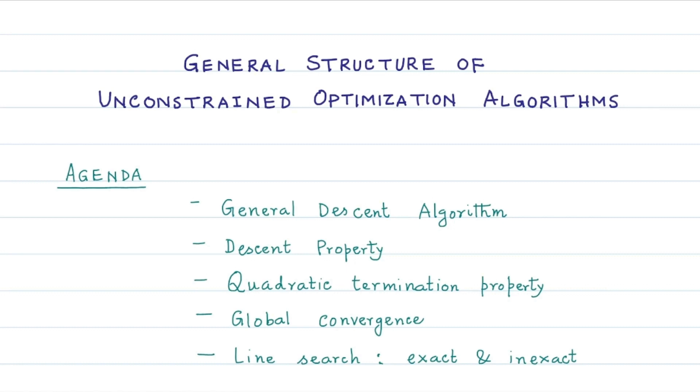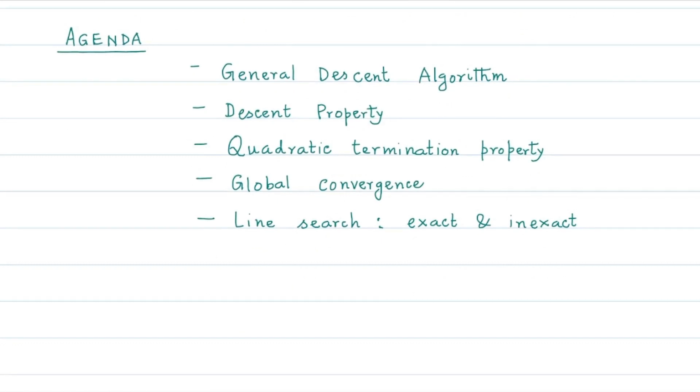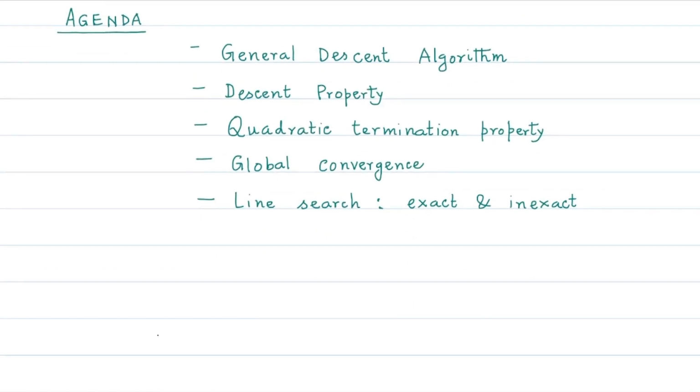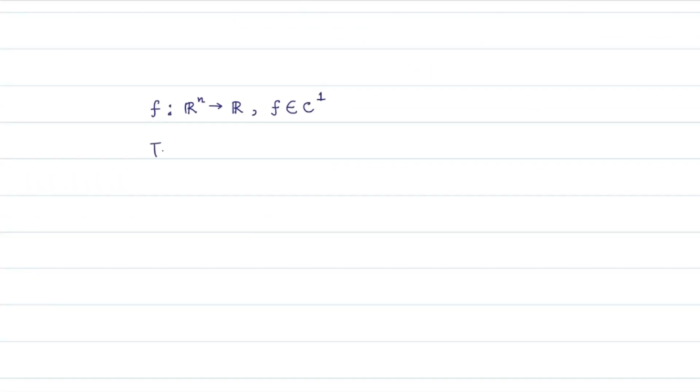optimization algorithm. A general optimization algorithm to optimize a function f of n variables, which is known to have continuous partial derivatives of first order, commonly proceeds as follows. To find a local minimum of the function f, we start with an initial point, say x naught.